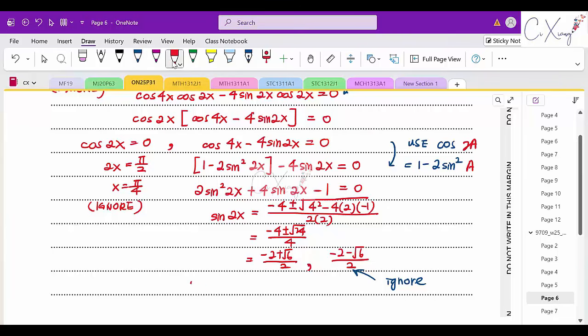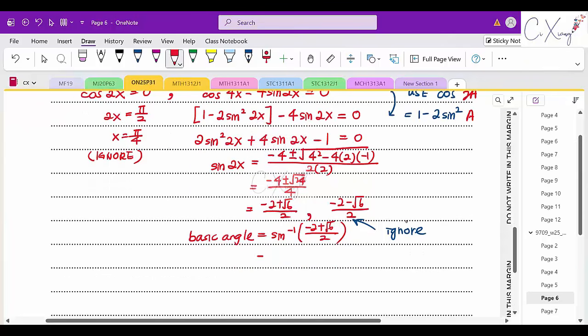To get the answer here, I need to get the basic angle again. The basic angle is sine inverse of negative 2 plus square root 6 over 2. This is a positive value, I'll make sure that this is a positive value when you press the calculator. So your sine inverse will be 0.22668.